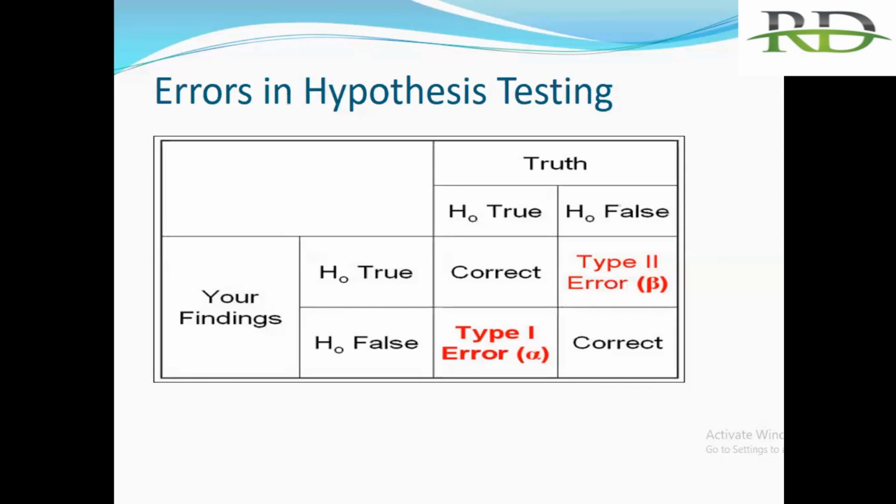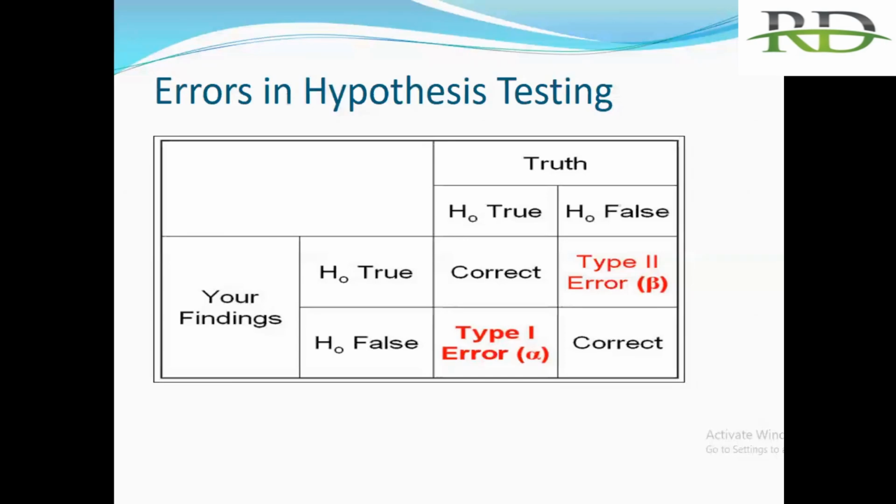And that is why type 1 error was fixed and we tried to minimize type 2 error. So this alpha or level of significance, which you all have heard so many times, 0.05, 5% error, is called type 1 error.